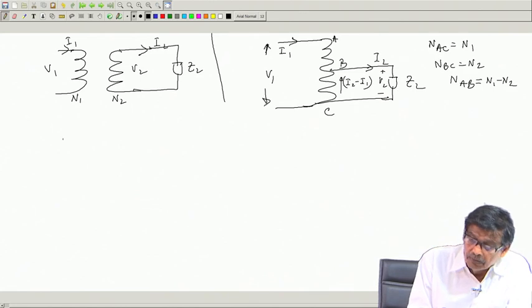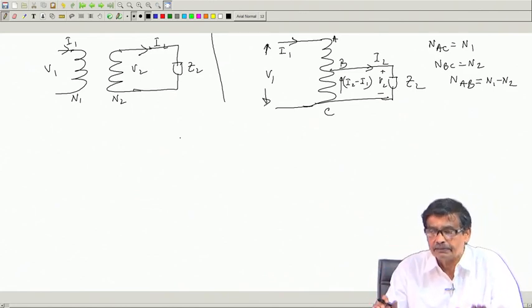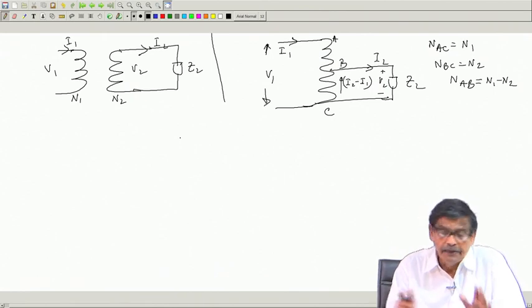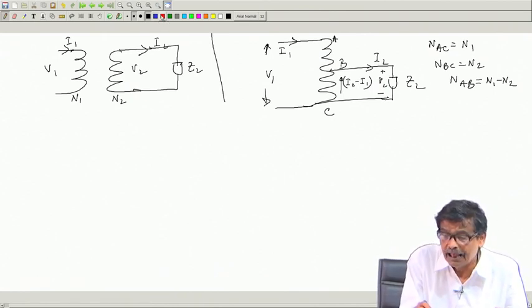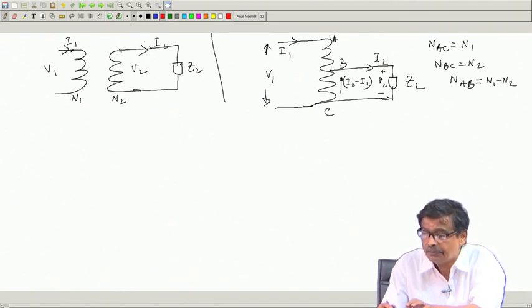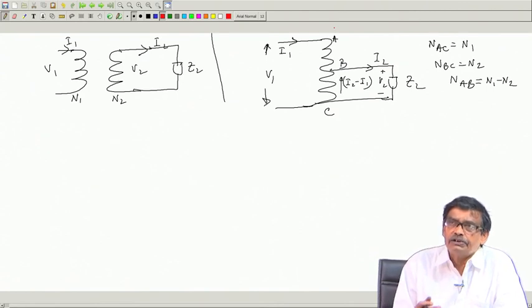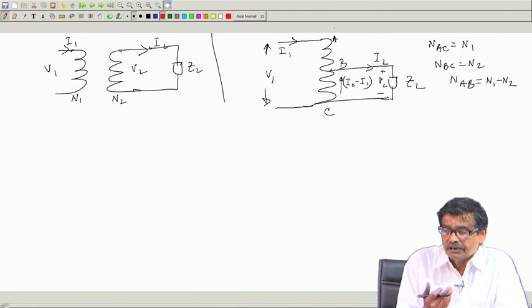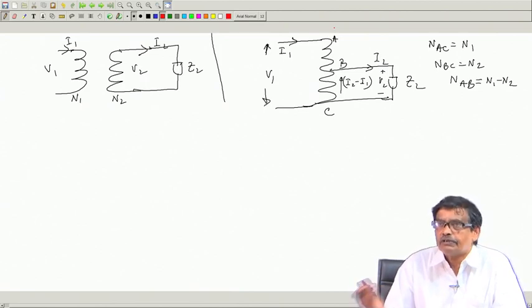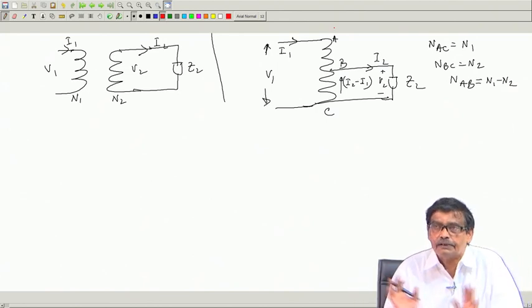Got the point. Now, these two transformers are of same rating. If these two are put in a black box, with only two terminals available on each side, you will not be able to distinguish whether a two winding transformer is doing the job or an auto transformer is doing the job, so far as the output terminals are concerned.